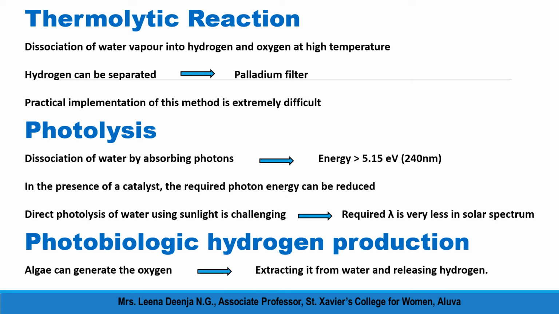Direct photolysis of water using sunlight is challenging because the required wavelength is very scarce in the solar spectrum reaching the surface of the earth due to atmospheric absorption. In photobiologic hydrogen production, certain algae can generate the oxygen needed for their respiration by extracting it from water and releasing hydrogen.